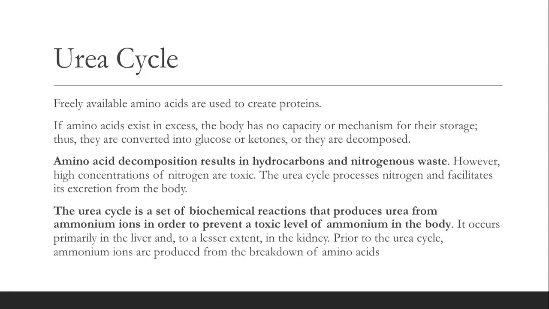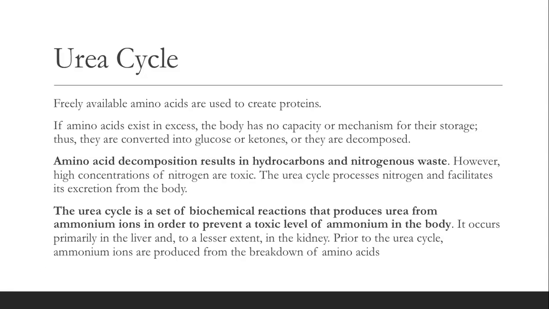And basically, if you have too much nitrogenous waste, that becomes extremely toxic. The urea cycle is a process to process nitrogen and facilitate its excretion from the body. It's a set of biochemical reactions. It produces urea from ammonium ions in order to prevent a toxic level of ammonium in the body. So ammonium is toxic, urea is not.